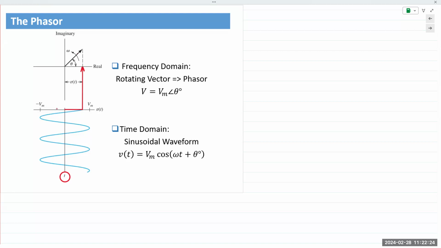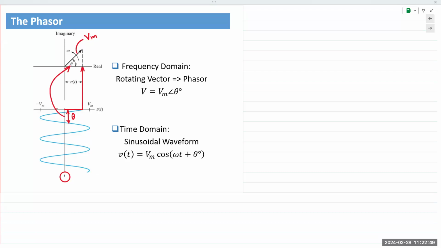The value of a phasor, because it's a vector, simply needs length and direction, magnitude and direction. So it's the length of the vector and the phase difference or phase shift of the waveform that gives you the phase angle for that vector.